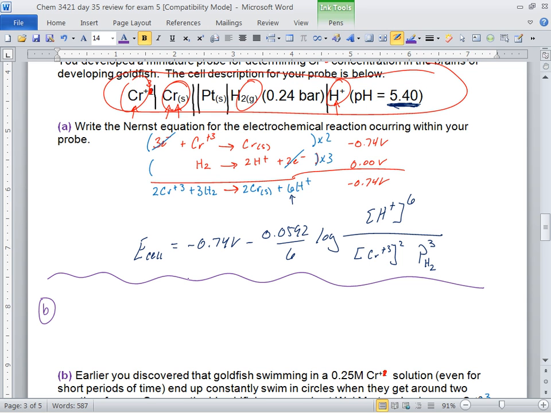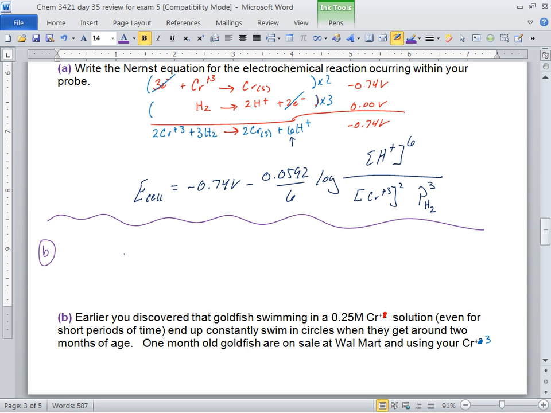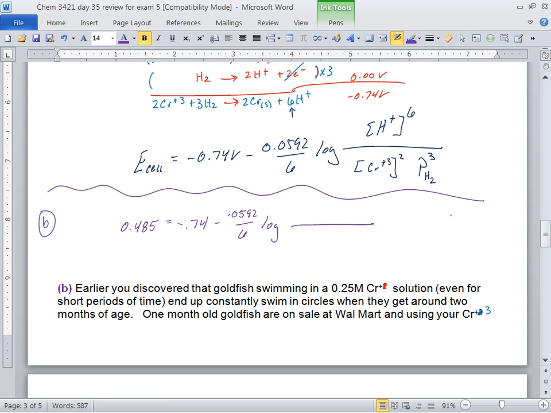Let's see. 10 and negative 5.4, yeah, mine does too. 0.485 volts. Maybe I messed up. So that's Cr3 plus and stuff. Hydrogen ion, 5.4.